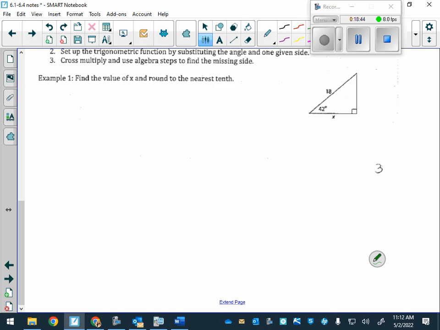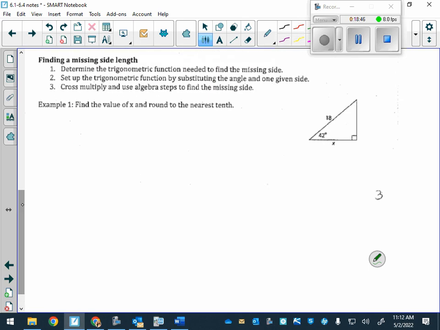So now we are missing a side length. However, we are given an angle of 42. The side lengths given to us are what? Opposite, adjacent, hypotenuse. What is given to us? Hypotenuse is 18, and the x is going to represent what?